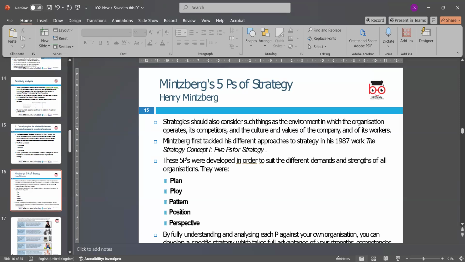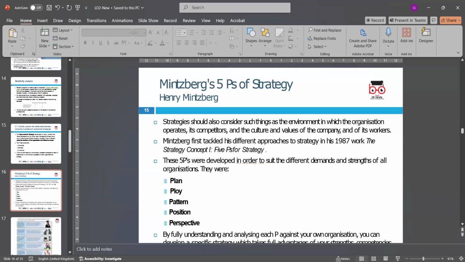And then your stakeholder expectations are also very important. Sometimes if you want to take a decision, your stakeholders can make it difficult to execute that strategy or to make that change happen. Sometimes your culture and values don't match with those decisions also. So that's why we need to consider this environment also.